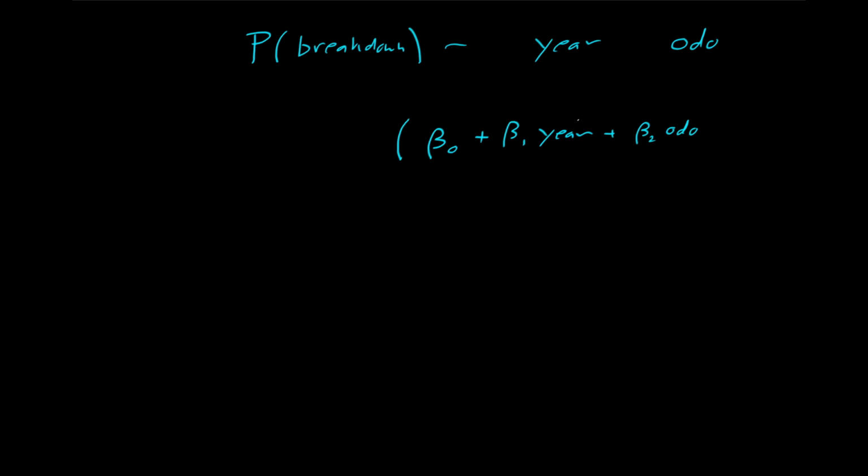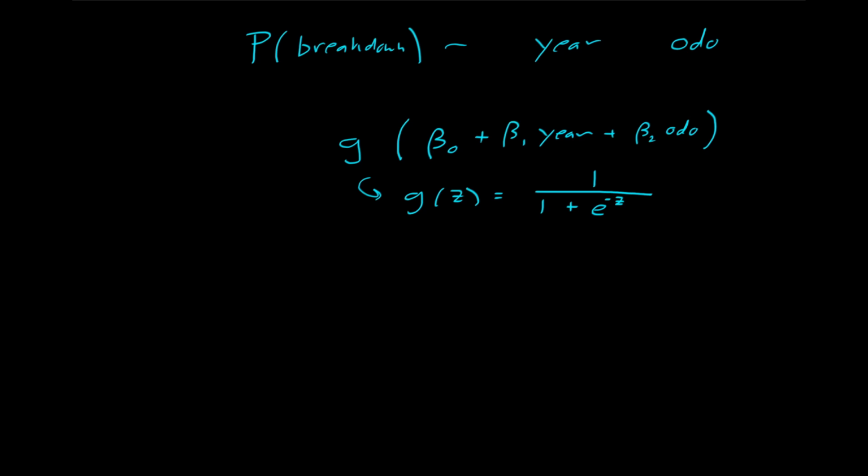But we need some nonlinear transformation, because this is a continuous outcome that could range from negative infinity to infinity. We need to bound that between 0 and 1. So we'll use some function, call it g of z. Usually we use the sigmoid function, 1 over 1 plus e to the negative z.